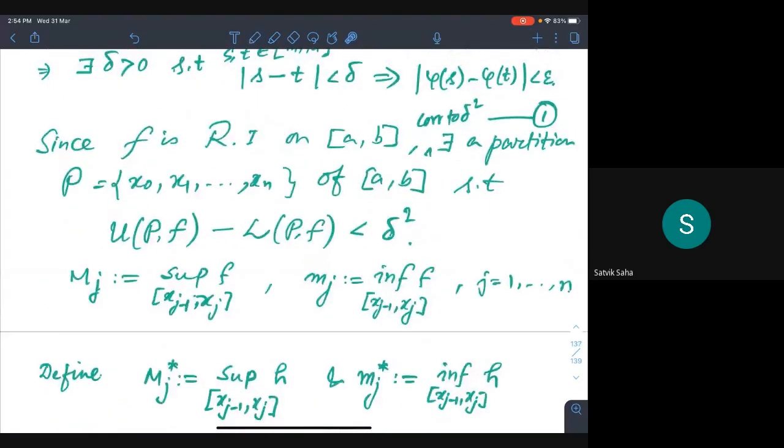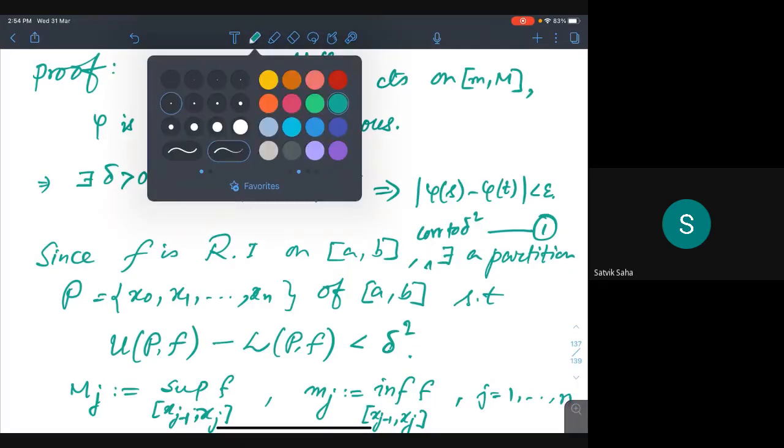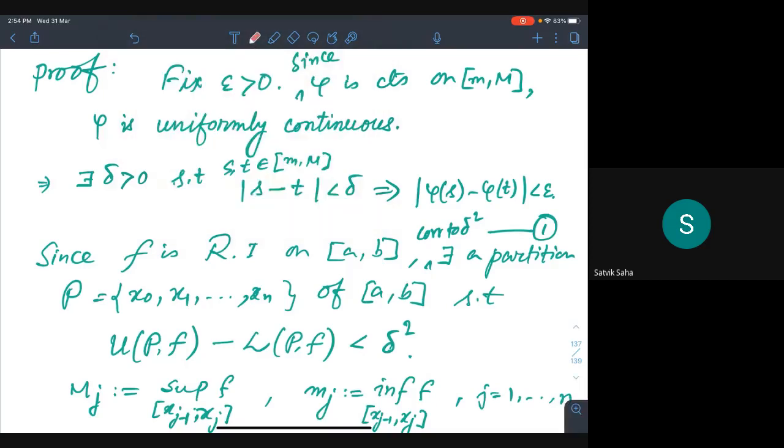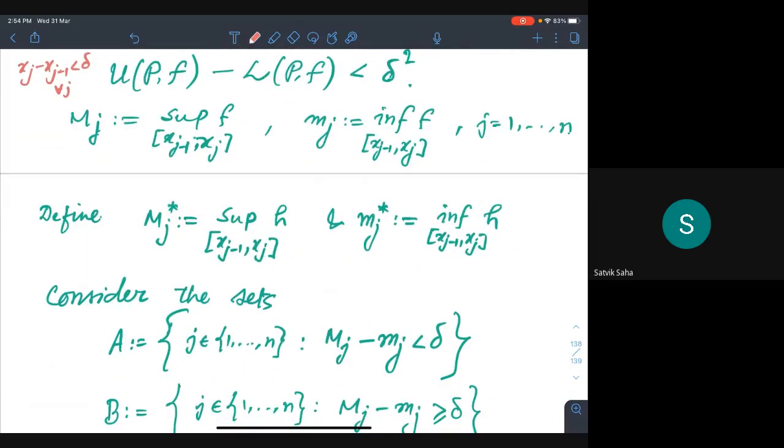So we just use this one. Here, the only thing we need to make sure is a partition of [a, b] such that two things: xj minus xj-1 is less than delta, and this is true for all j. We need this one also because we will use this, and we need this too. All right.